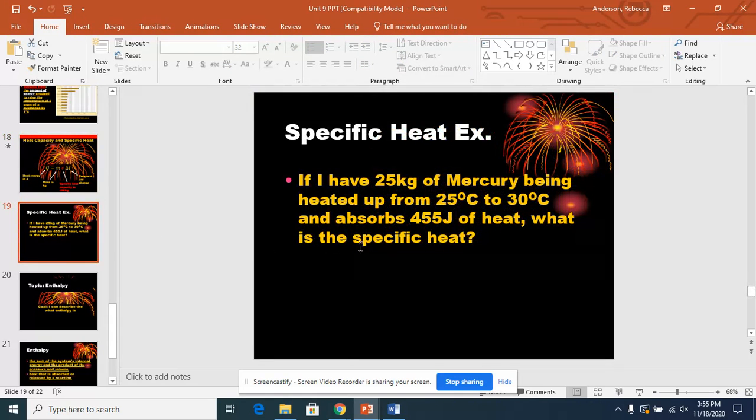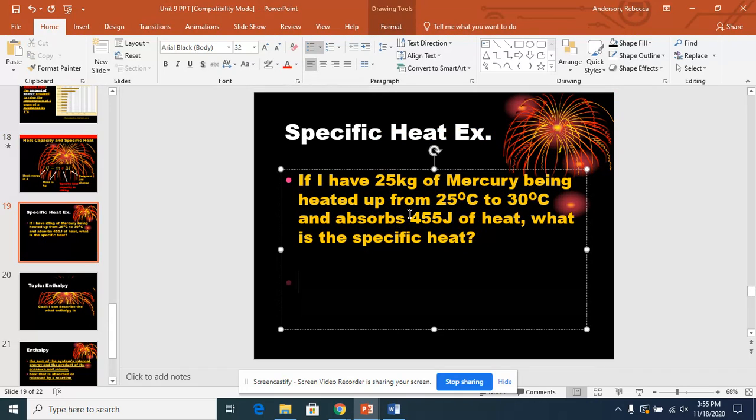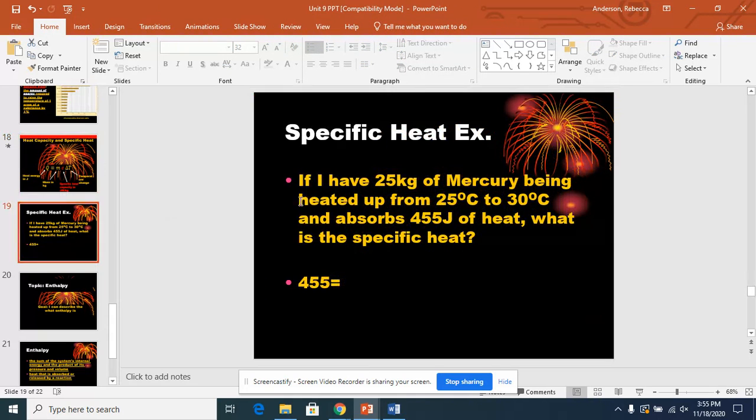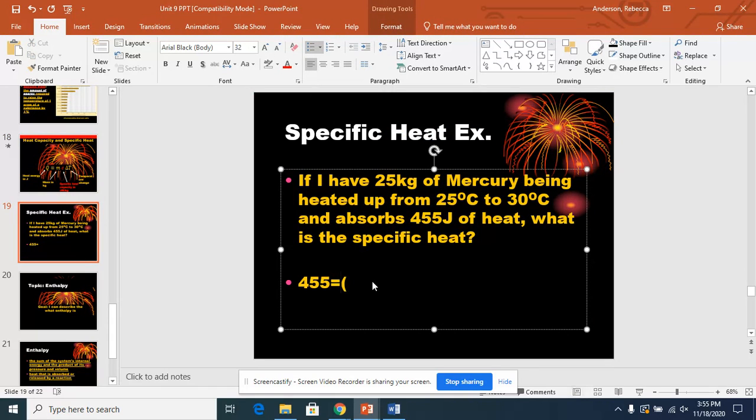So we know our Q is 455 joules. So it'll be 455 equals, and then we have our M, which is our mass. So that would be 25. Our C, which is our specific heat, which is what we're looking for, so that will be X.